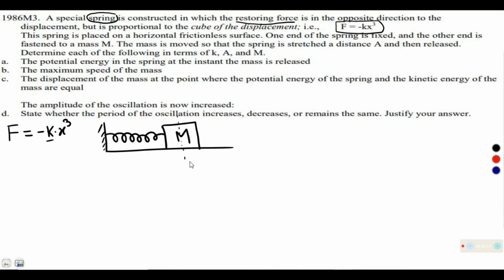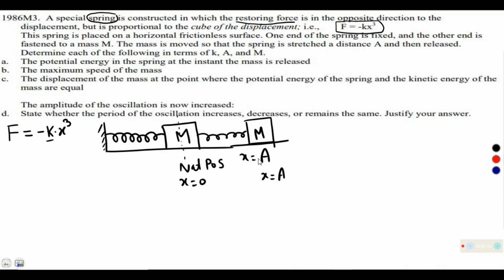So let us suppose this is its natural position. This is stretched to distance A. Let us suppose this is x is equal to 0 and this is x is equal to A. Then it is released from this position.